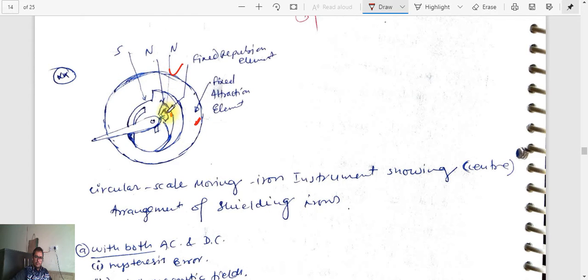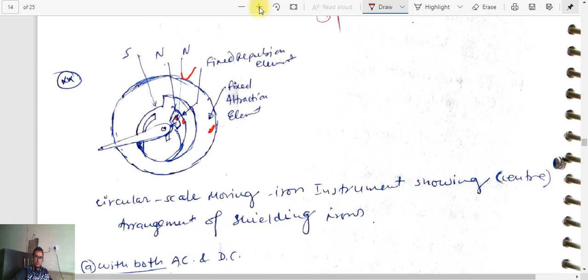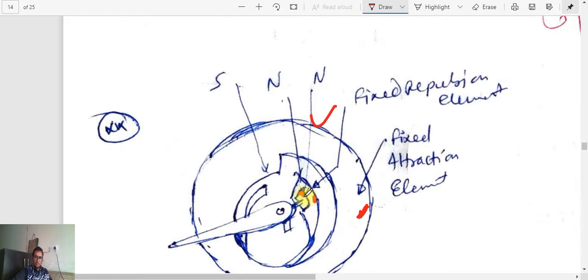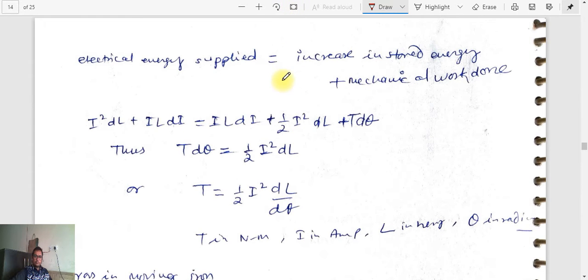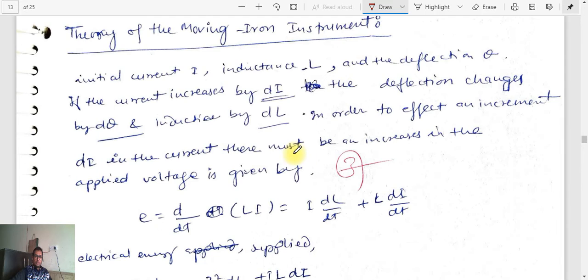We can see here this small piece is N, and this is also N. Both have the same polarity, and this is S, so it will be attracted to this side and repelled from the other. So this is the whole summary of the instrument, and let us see.